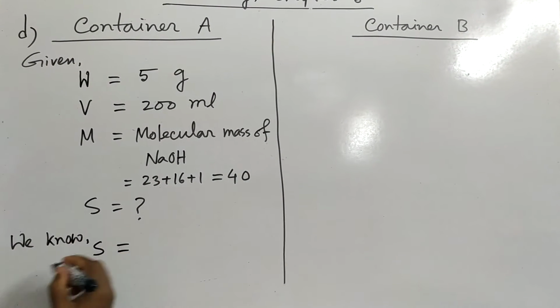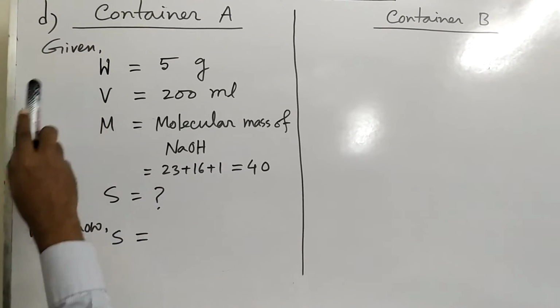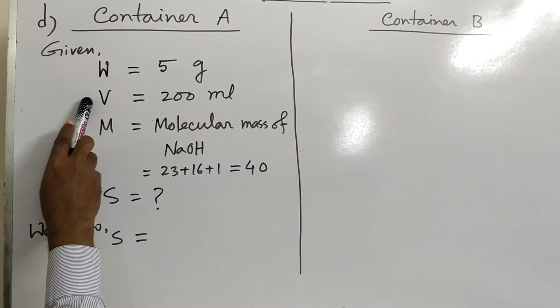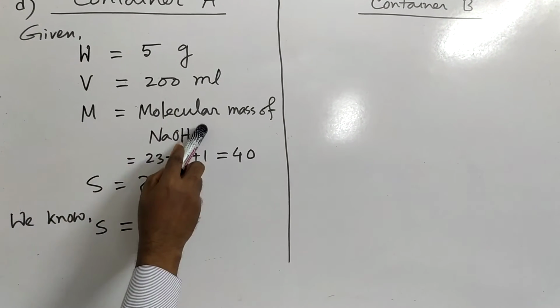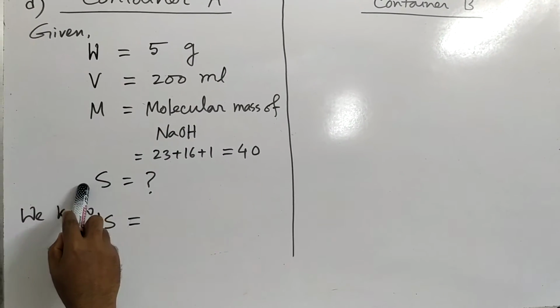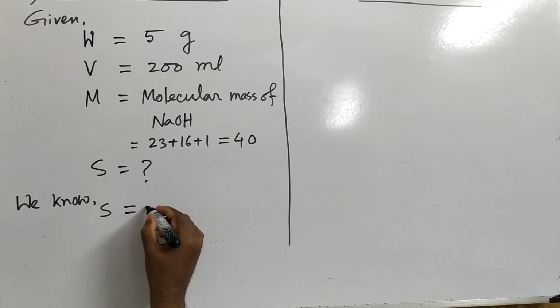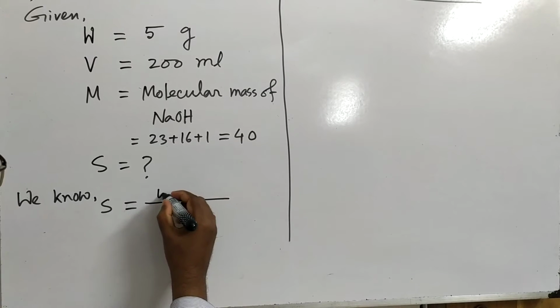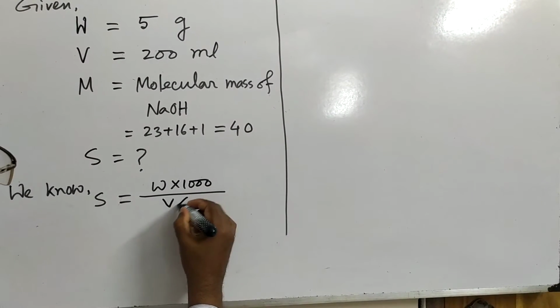Okay, now here W means mass of solute, V means volume of the solution, then M means molecular mass of the solute, and S means concentration of the solution. We have to find it out. So everybody know the formula. S equal W into 1000 divided by V into M.